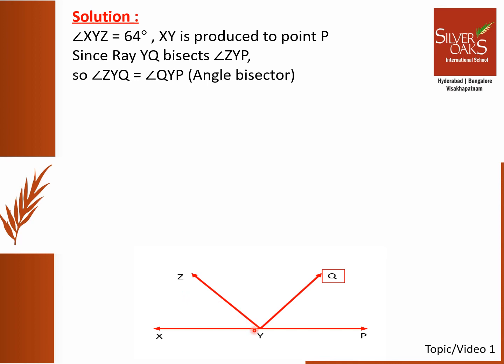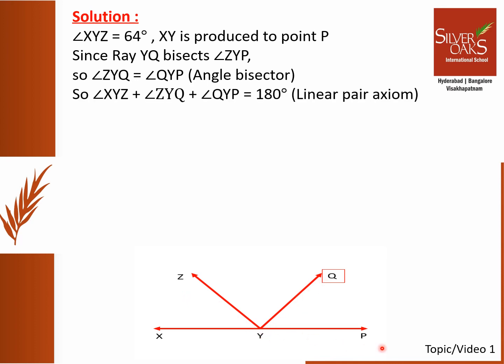Angle ZYQ is equal to angle QYP. Okay. I'm applying the linear pair axiom. This angle plus this angle plus this angle is equal to 180 degrees. That's what I wrote here. Angle XYZ is 64 degrees, right?